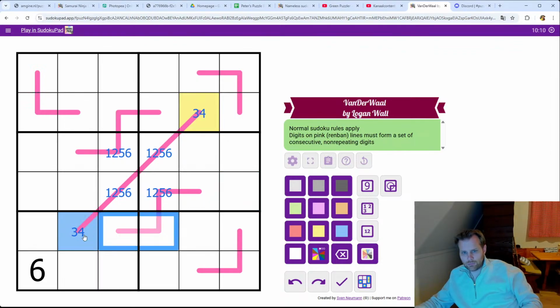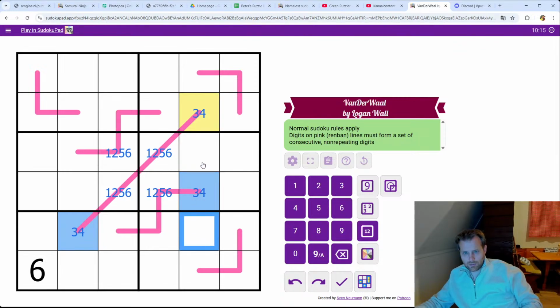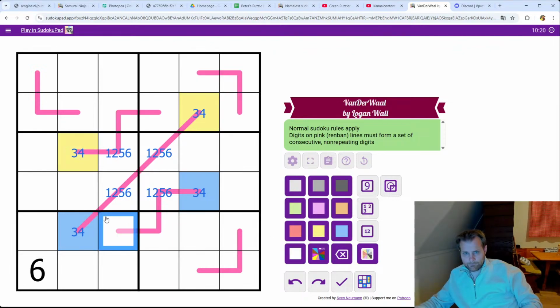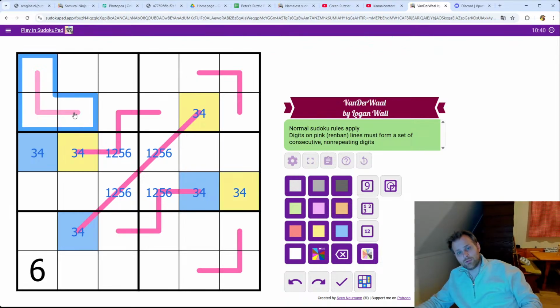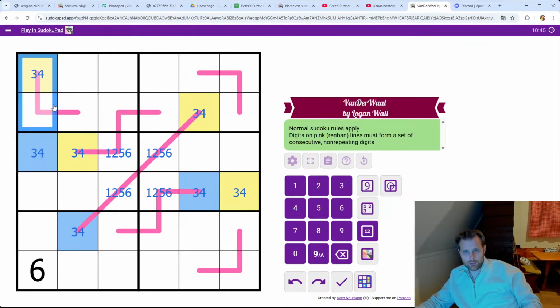Now this blue must be there. And this yellow must be there. And this blue must be there. And this yellow must be there. This doesn't have blue on it, so it must have a yellow on it, with the 3 cell lines.